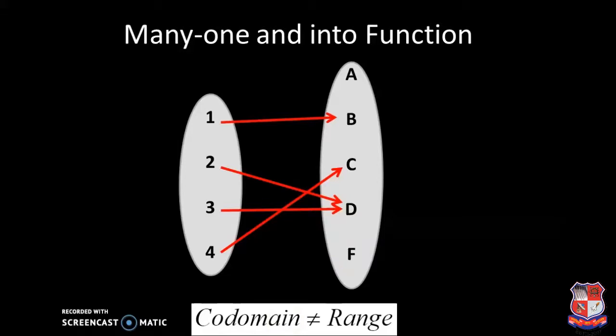But those values are not in a range because range contains only B, C and D. Right. Means codomain does not equal to a range. Okay, right. So this is a many one and into function.